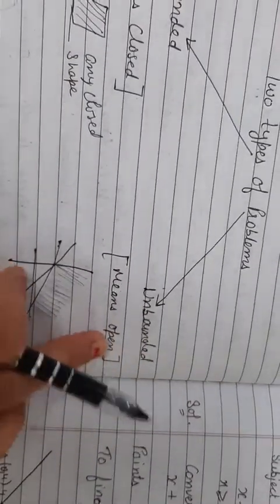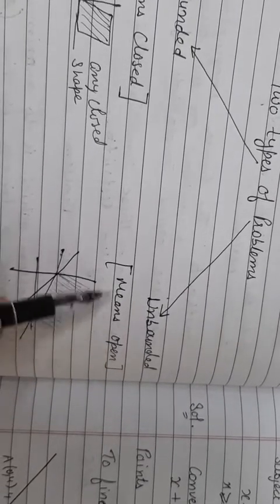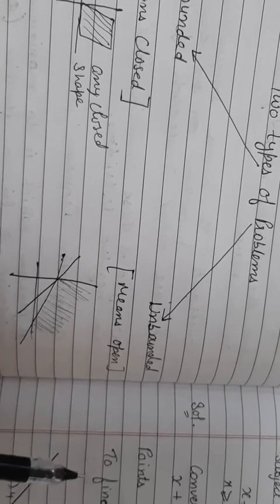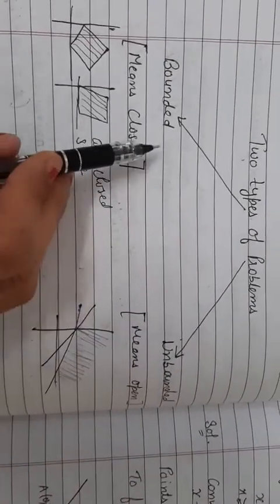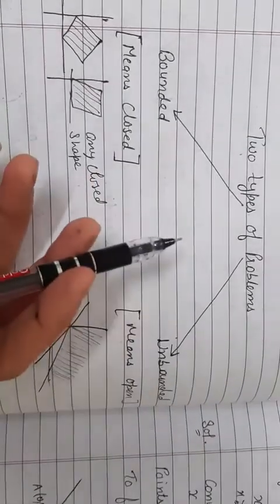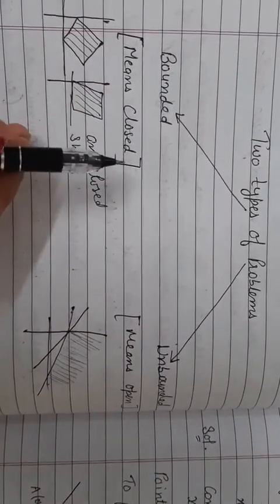And the second problem is unbounded. Unbounded means open ended. It is not closed properly. If you draw the lines, sometimes it can be open. Firstly, I am going to discuss bounded. For a bounded region, two types of questions can be there, for maximizing and minimizing.